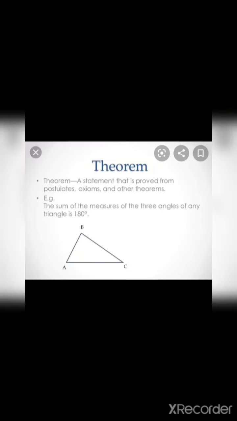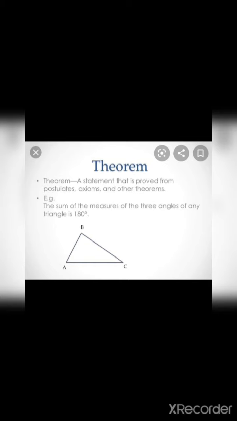One example for a theorem: once again, a theorem is a statement that is proved from postulates or axioms and other theorems, or you can make use of other theorems or definitions. Example: the sum of the measures of the three angles of any triangle is 180 degrees. You have studied this statement in earlier classes, but it is also a theorem. That is, it has proof.